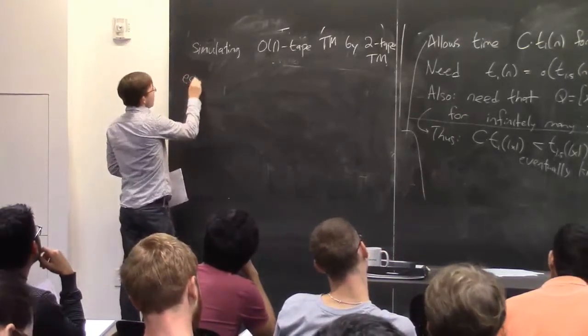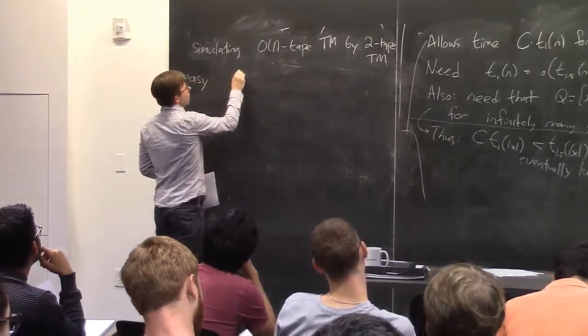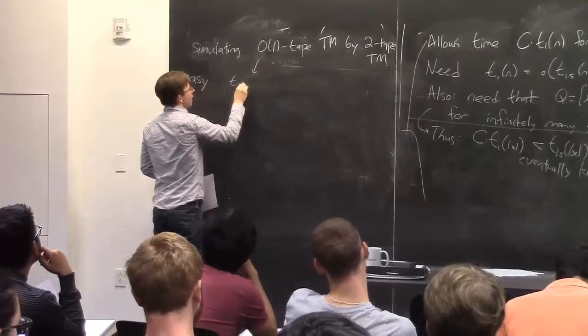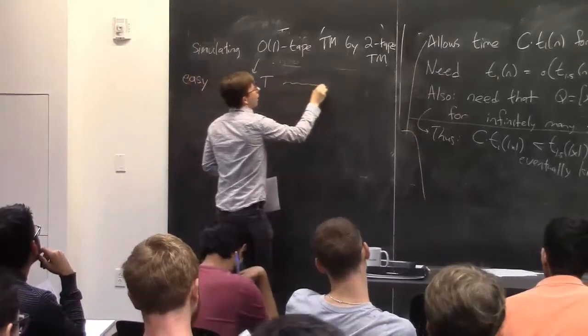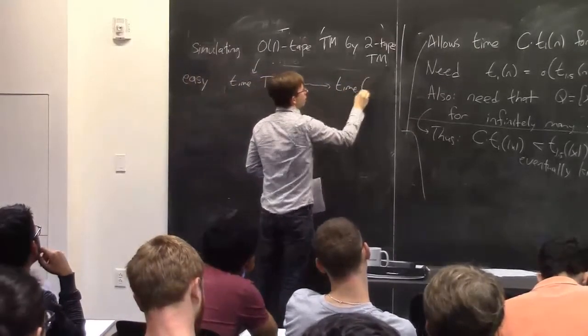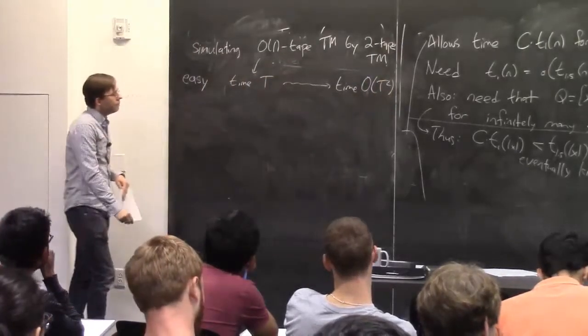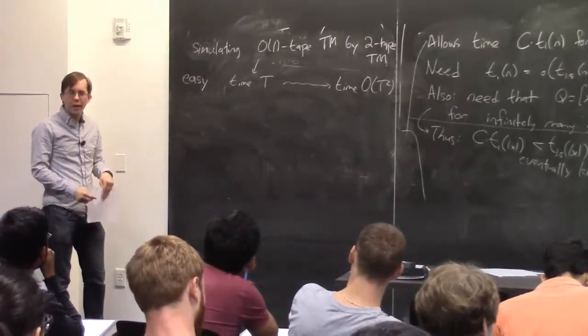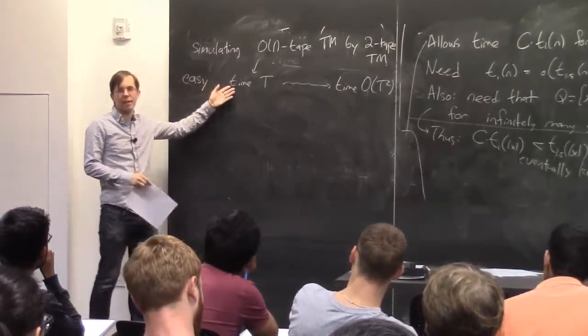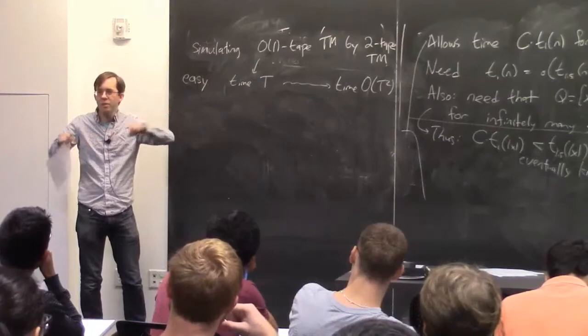What's easy, or not too bad, is that you can do this for time t in time order t squared. And roughly, why is it t squared? Well, let's say you're simulating some 10 tapes. They all have their heads in different positions, right?